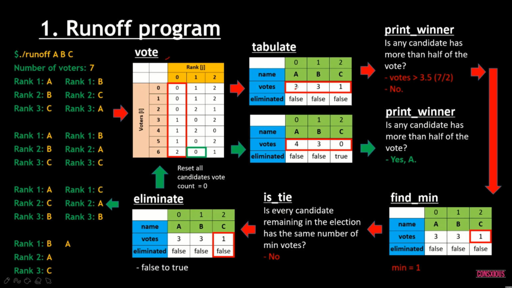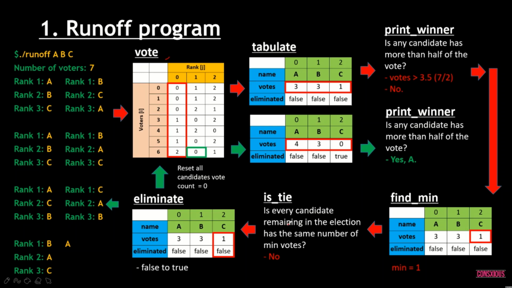You can see there are only 3, so there is no majority. So here we find the minimum value. C has the least vote count, so we determine that min is equal to 1.